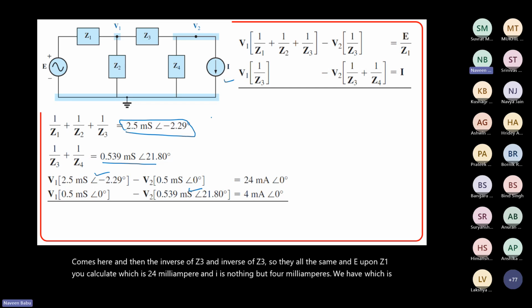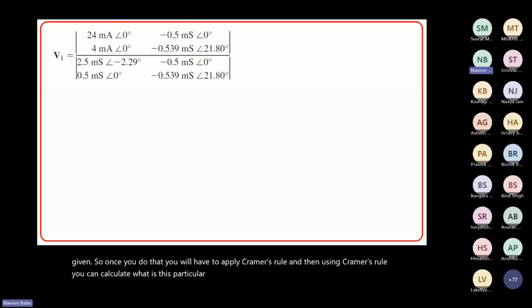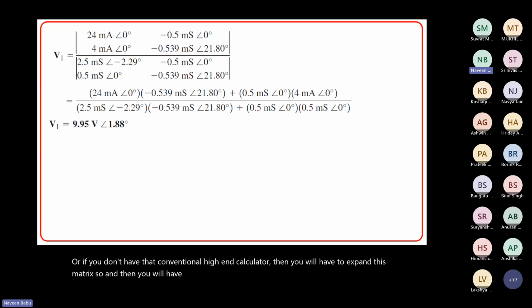Once you do that, you will have to apply Cramer's rule, and then using Cramer's rule, you can calculate this particular value. Again, you will have to use your calculators diligently, or if you don't have a high-end calculator, then you will have to expand this matrix and then calculate. So your V1 here is 9.95 angle 1.88 degrees.